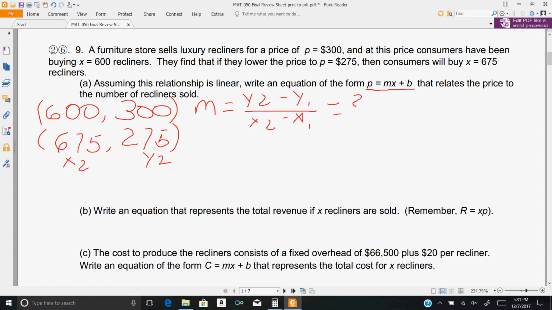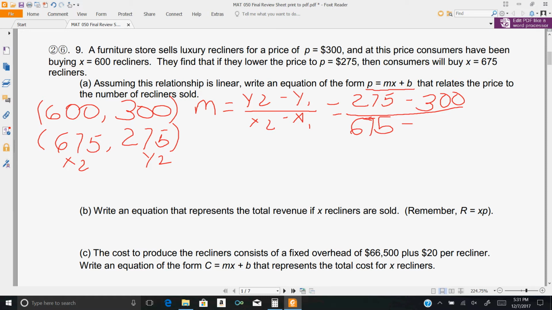y2 is 275 minus 300, which is going to give me a negative number. We know what to do with negative numbers. 675 then. If I start with the 275 in the numerator, I have to start with the 675 in the denominator.